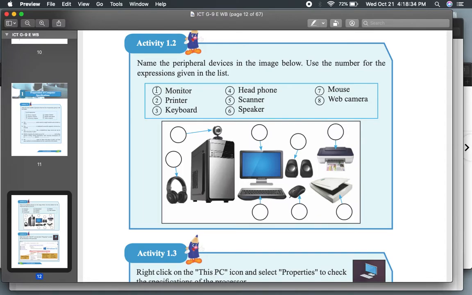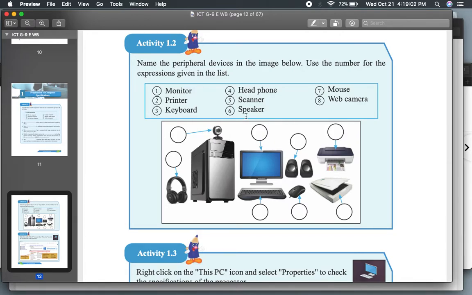So basically, number 1, the monitor, would be this. The printer would be number 2. Number 3 is the keyboard. Number 4, headphone, that would be this. Number 5 is the scanner, and that is the scanner listed there.